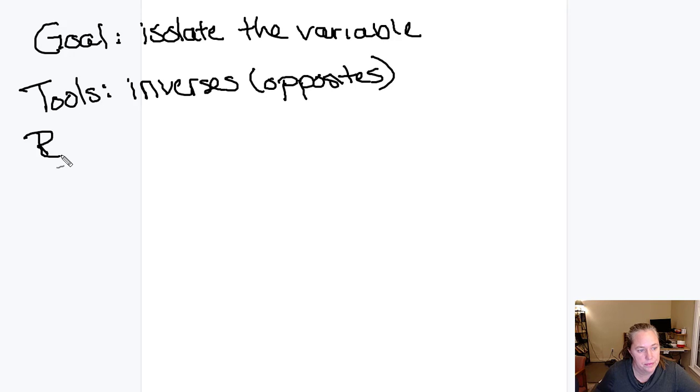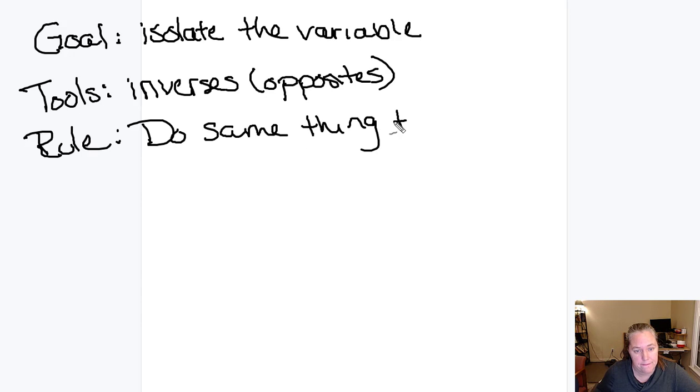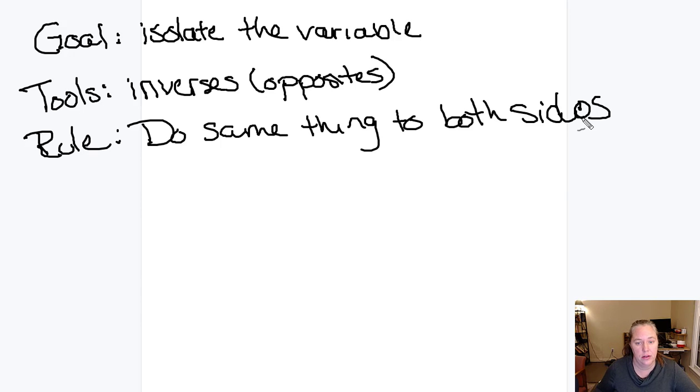And the rule, thou shalt doest unto one side as thou doest to the other. Do the same thing to both sides. Whatever you do to change one side, you need to do the same thing to the other. Okay, so I'm going to erase that if you've got that.